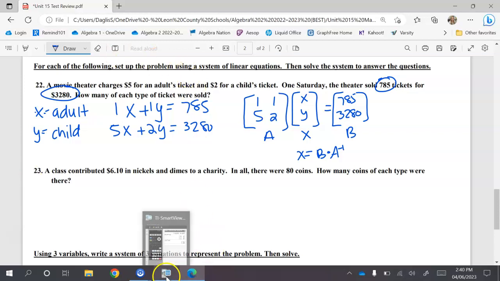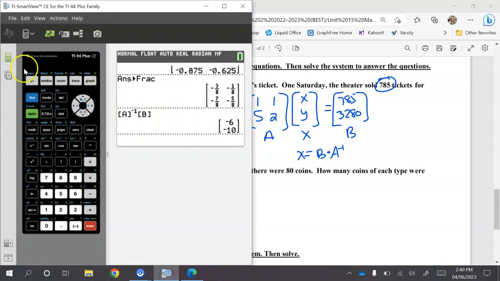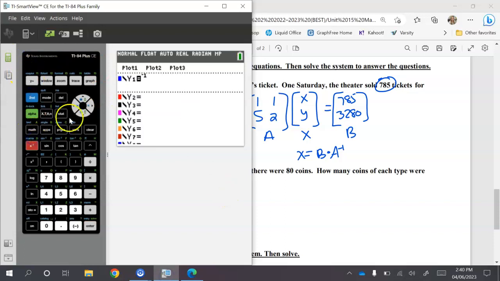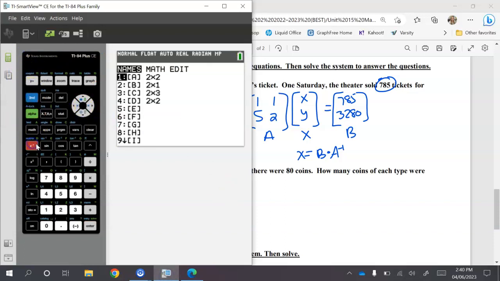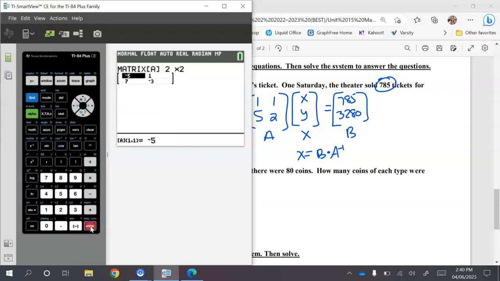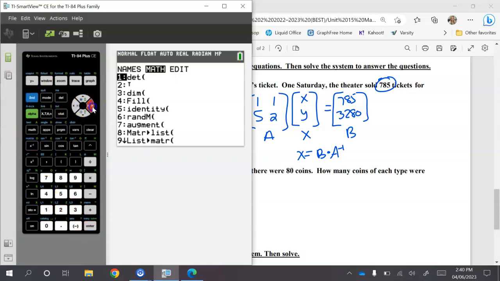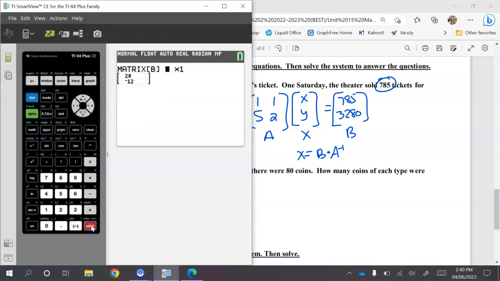Okay, so if I go to my calculator, let's go into our matrix menu. Going over here to matrix A, I'm going to update it. It's still a 2 by 2, but now it is 1, 1, 5, and 2. And I'm going to update my B matrix. It is still a 2 by 1. It is now 785 for my first element and 3280 for my second element.